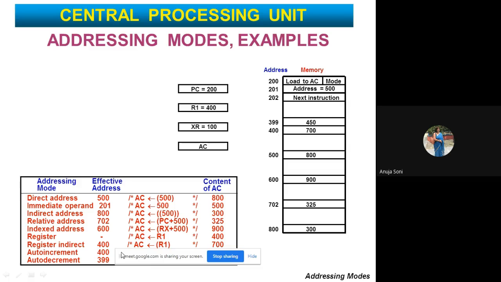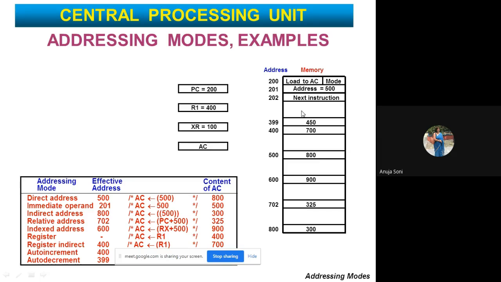So far as the effective address and content of AC are concerned, for the execution of this instruction corresponding to the auto increment addressing mode, these two values will be exactly the same as in case of register indirect. But the value lying in this register automatically will get incremented. It will become 401, though its impact is nowhere visible at this moment.